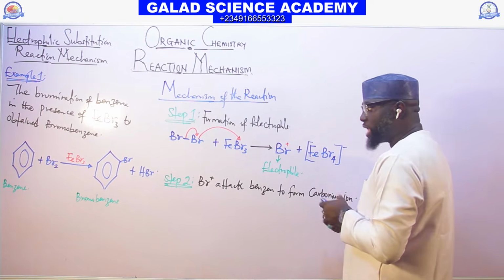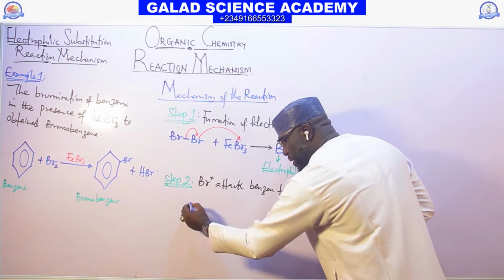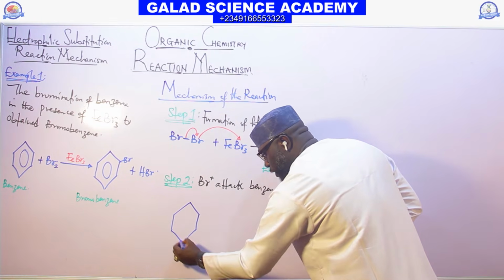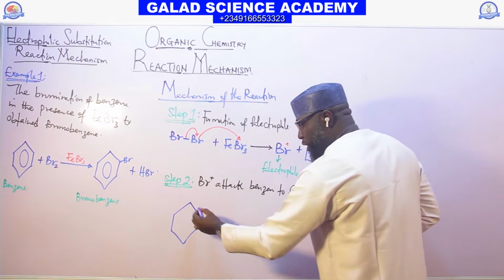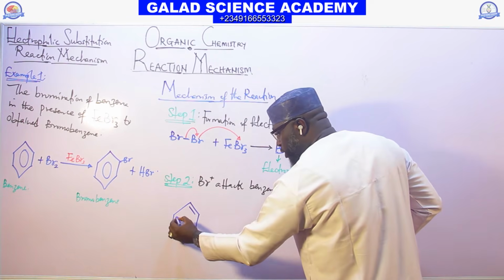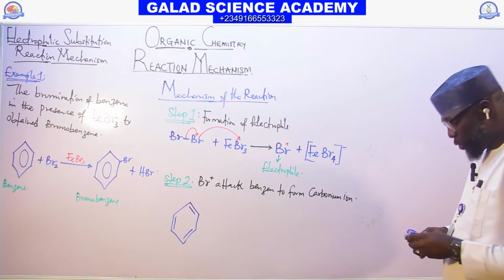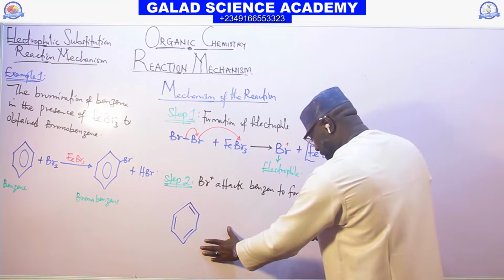Where is my benzene? This is the benzene that we have. At this level, we need to show the bonds of benzene. Don't use a ring, because the bond will migrate. So this is benzene.